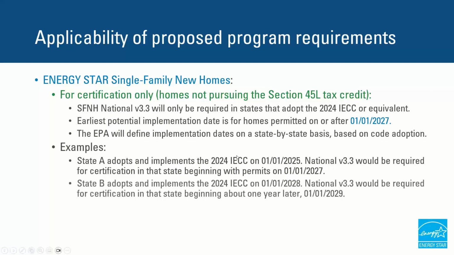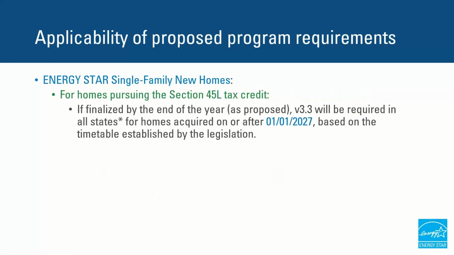Okay, so that's for those that are just pursuing certification. If a builder wants the tax credit, then they're getting certified, but they also have to meet the requirements of the 45L tax credit, and that timeline is prescribed by the legislation that created this updated Section 45L tax credit. So it says that if we complete this process of defining version 3.3 by January 1st of 2025, then the clock starts ticking, and then homes that are acquired 2 years later, on or after January 1st, 2027, would have to meet this latest version in order to earn the tax credit.